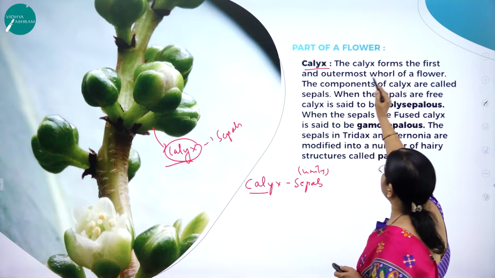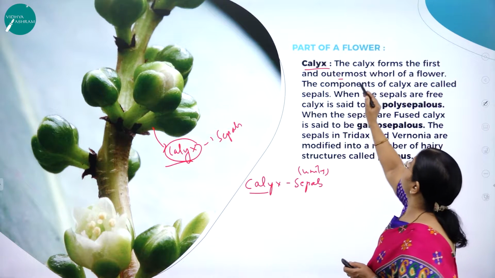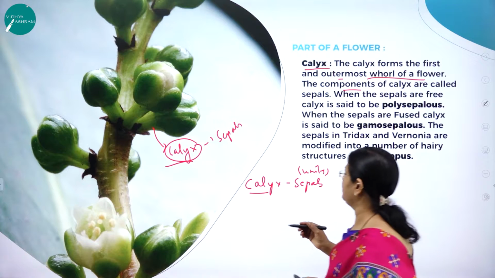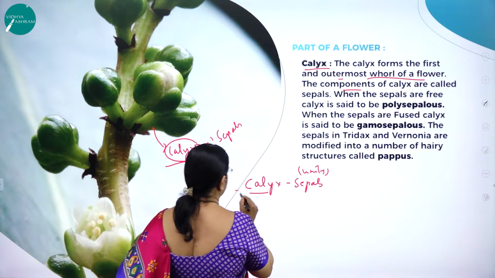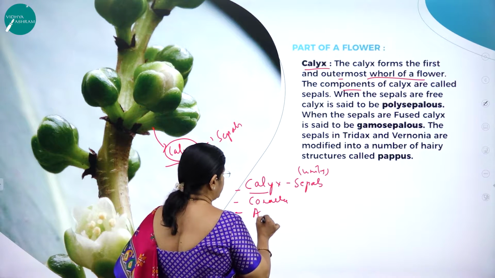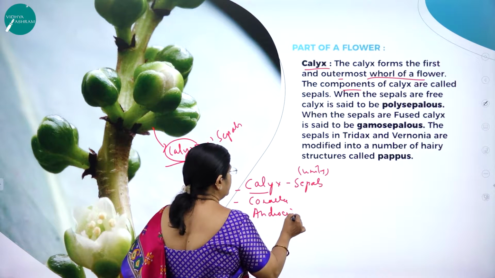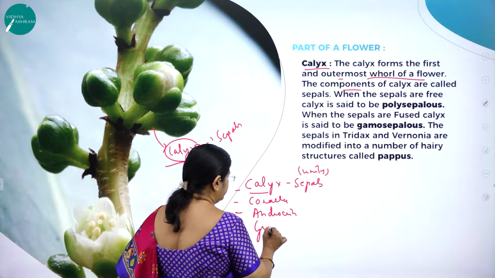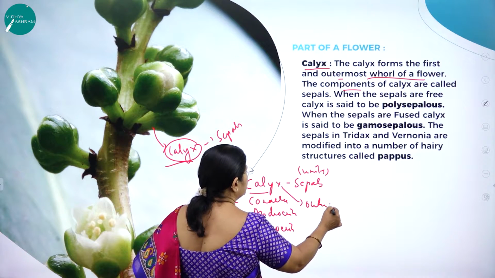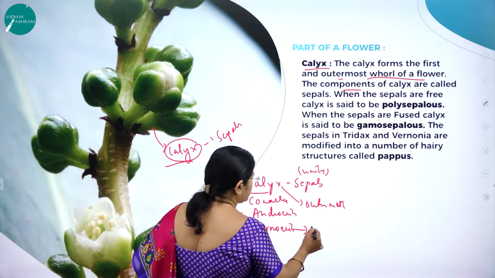The calyx forms the first and outermost whorl of a flower. So first calyx comes, then corolla, then androecium, then gynoecium. So this is the outermost. Which is the innermost?